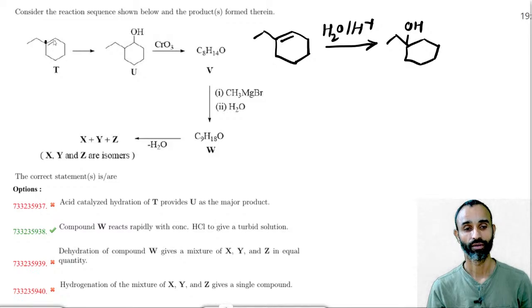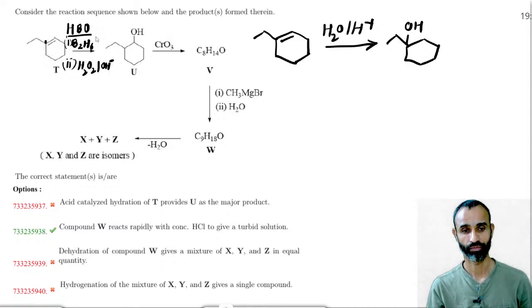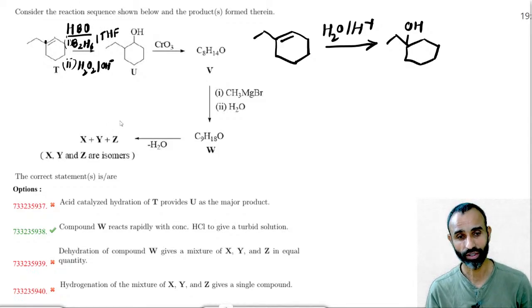But OH is on the other side, so it is anti-Markovnikov addition of water, and that uses hydroboration oxidation. B2H6 in THF in the presence of it, and the second part is H2O2, OH negative. So this is the hydroboration oxidation reaction.